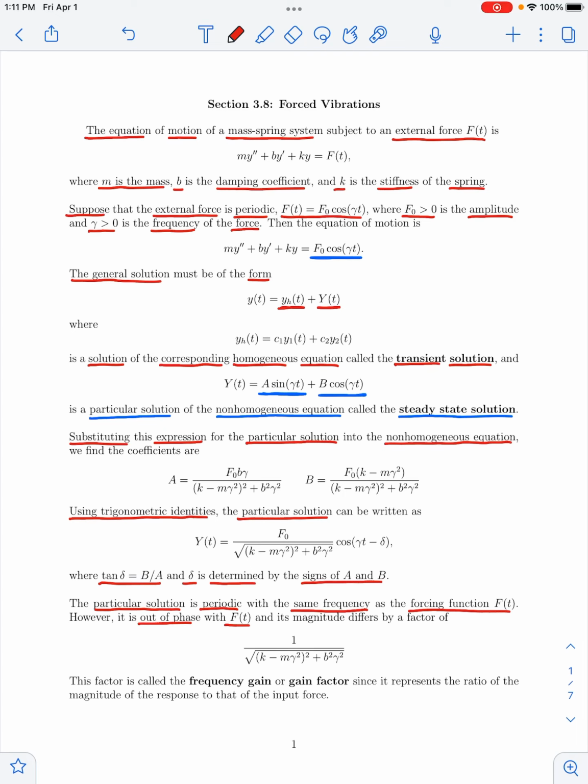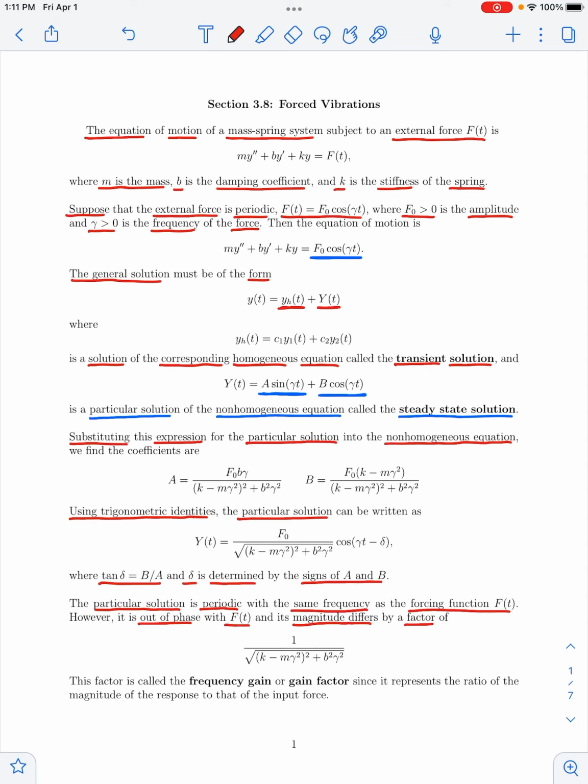And the magnitude of our particular solution differs from the forcing function by a factor of 1 over the square root of ((k − mγ²)² + b²γ²).